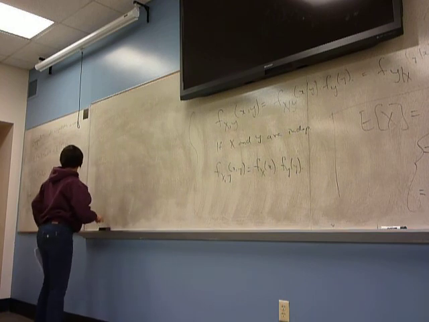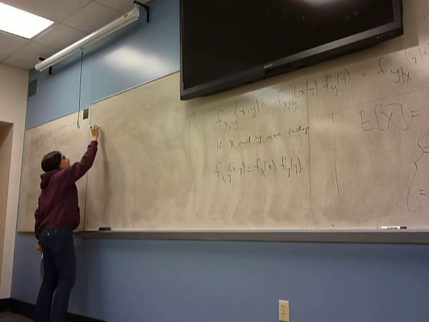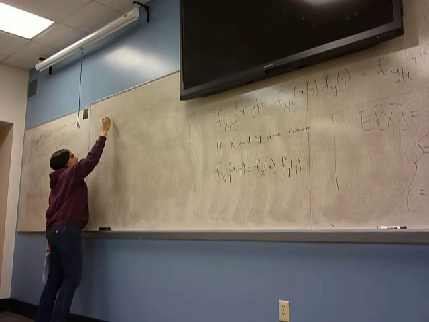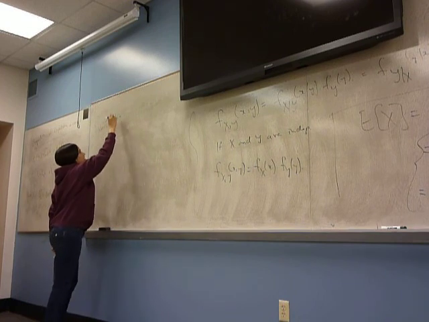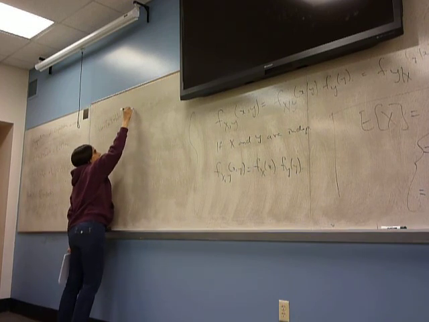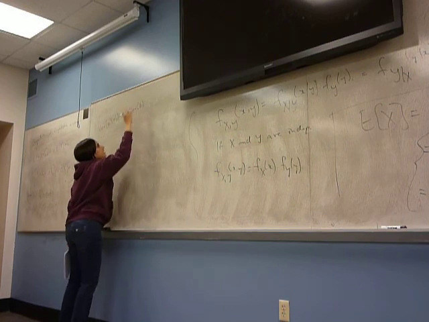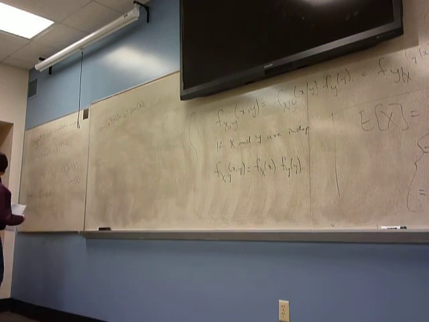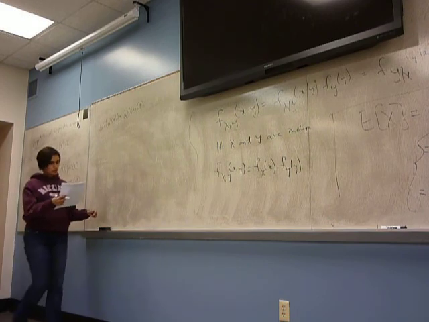Some of the important properties of variance are that the variance of AX plus B is just A squared times the variance of X. And I'll talk about variance of sums once we define covariance.